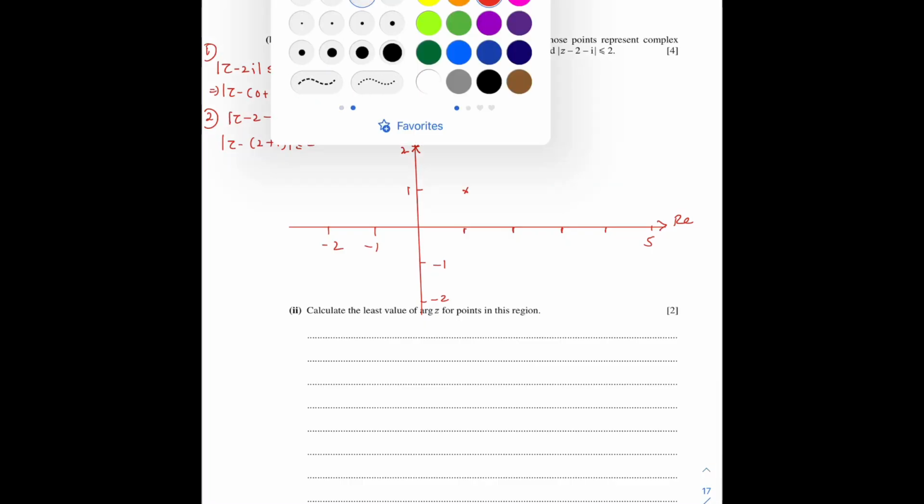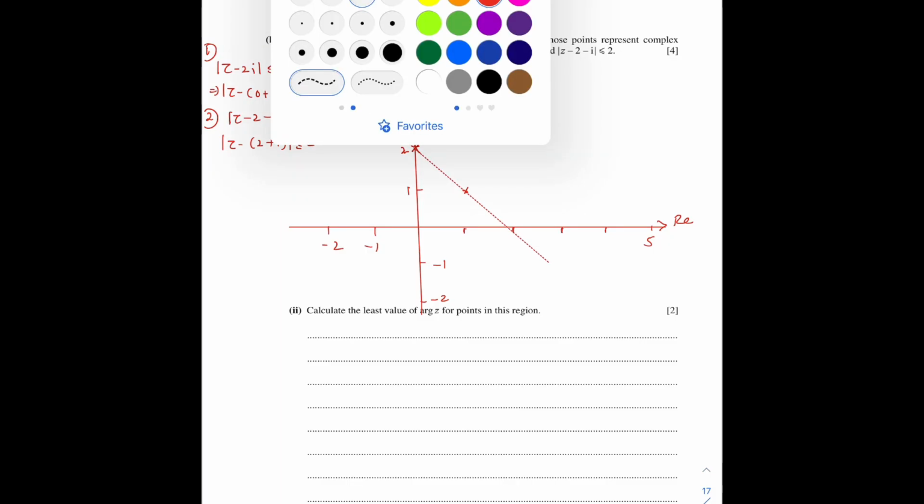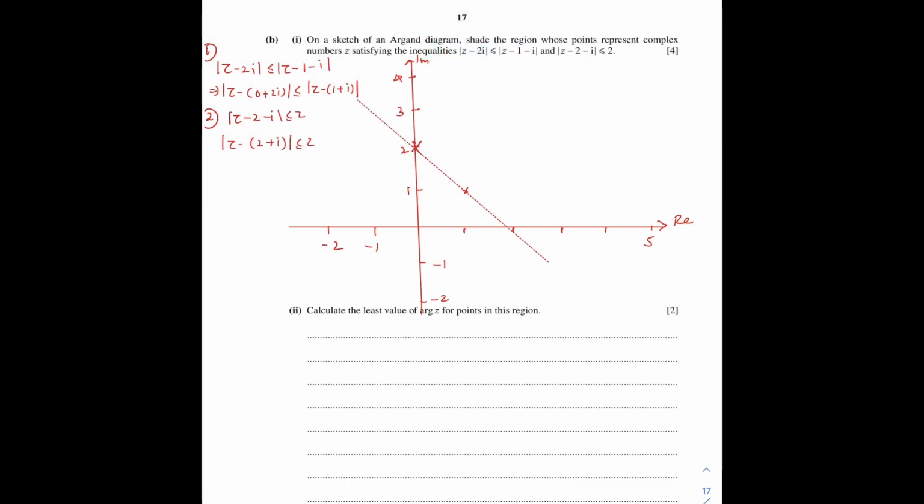Now, the first point is 0 plus 2i, so that's 1, 2, 3, 4. The other point is 1 plus i. Then I join them using a dotted line, because I have to draw the perpendicular bisector.